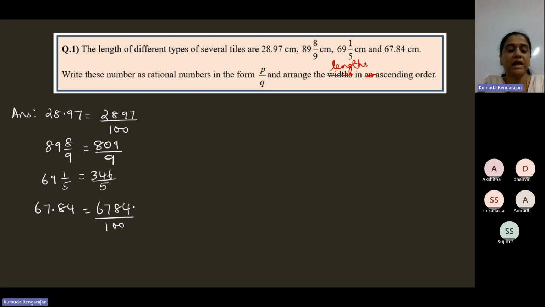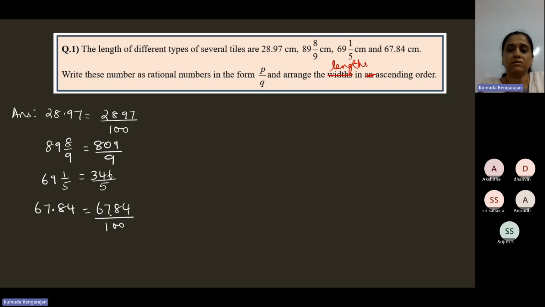So what will be the LCM of the denominators? Can you guess? 100, 9, 5, 100. Yes, correct, 900. 900 is the LCM of these denominators.